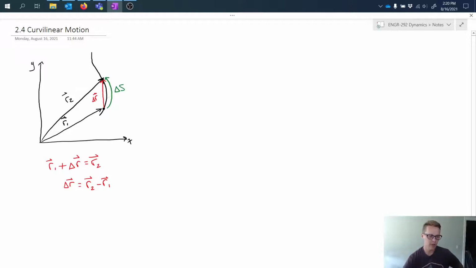That can be useful, especially if I zoom in on a small enough change in position along this path. I can approximate delta S as a portion of a circular segment, a circular arc, and that becomes mathematically useful in that I can start to define some things based on that.